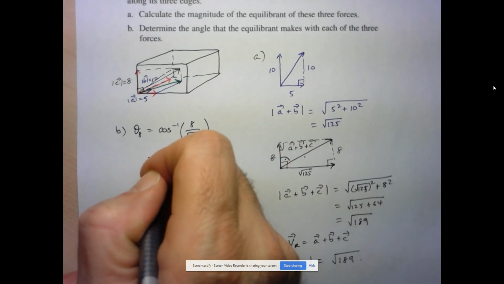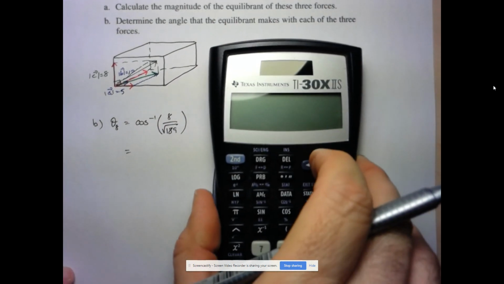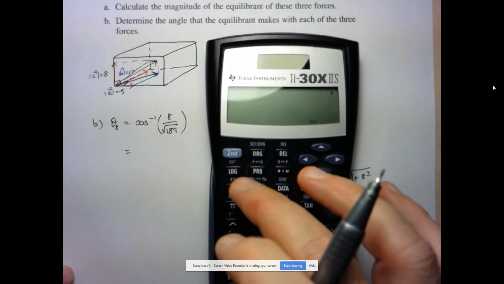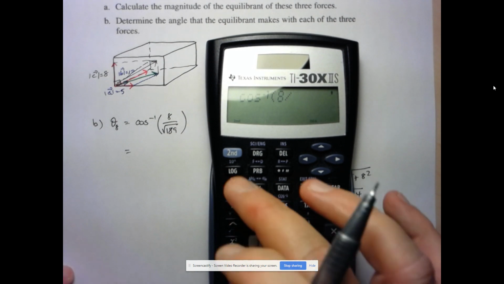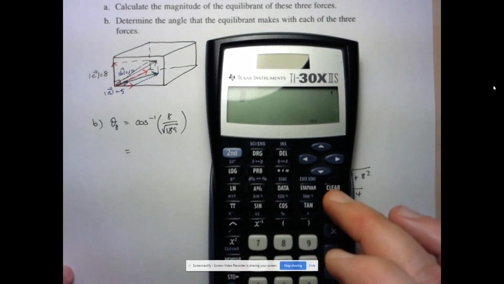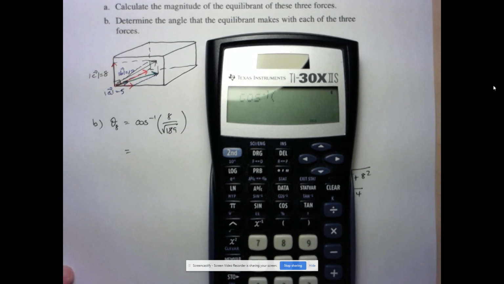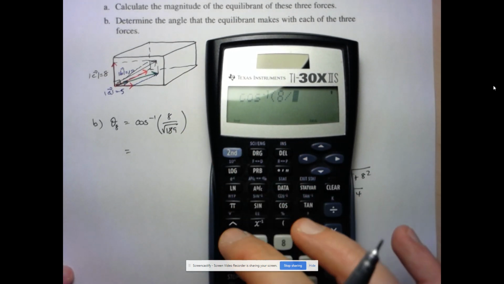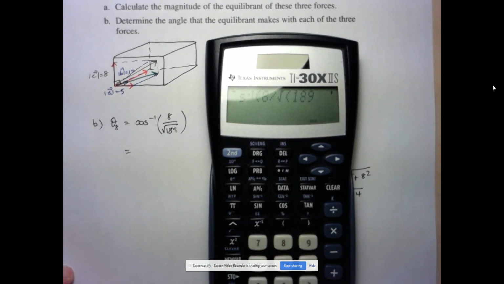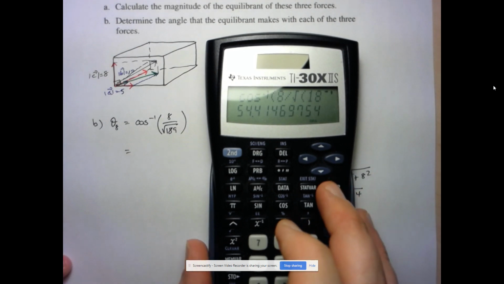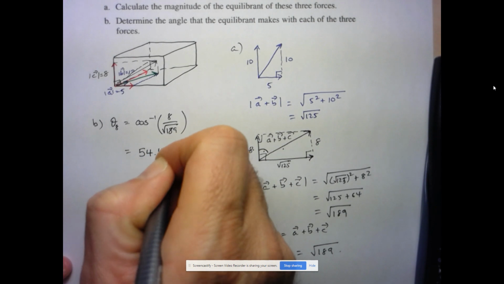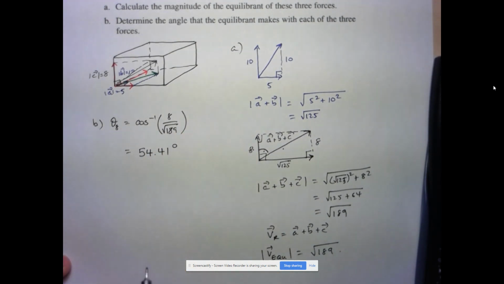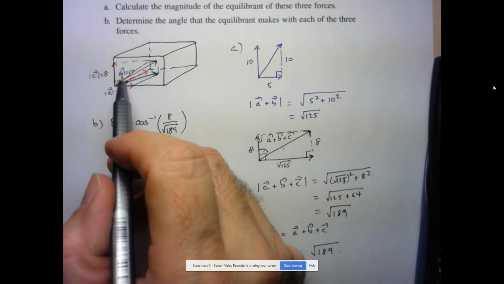Let's calculate that here. Cos inverse of 8 divided by the square root of 189, and that gives me 54.41. But of course, I'm not looking for that angle there.